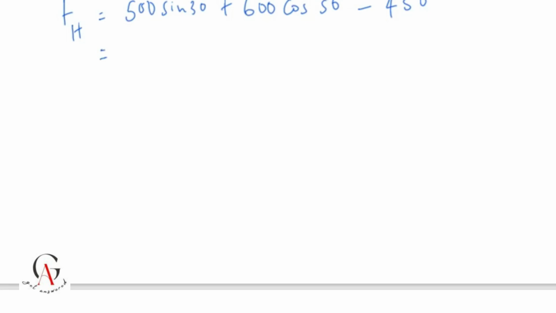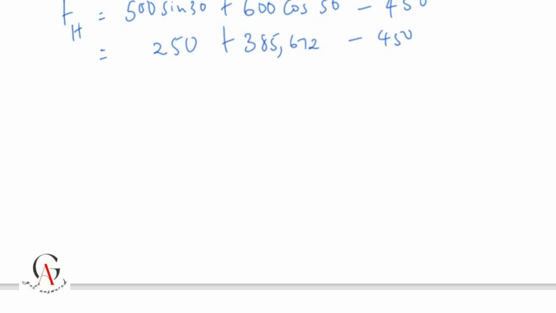So 500 sine of 30 gives us 250. And then 600 cos of 50 is going to give me 385.672, minus the 450.